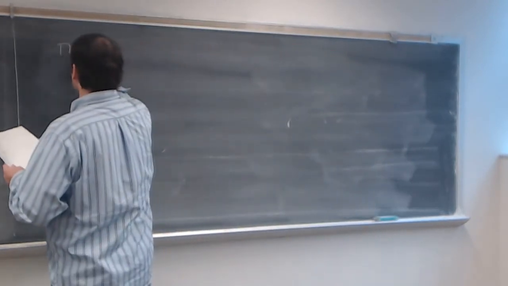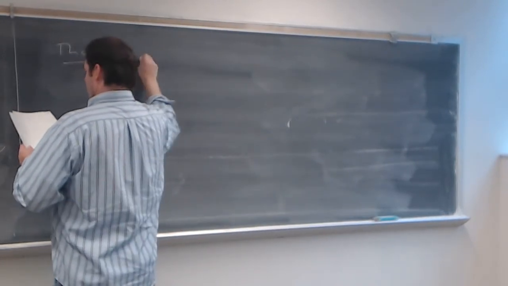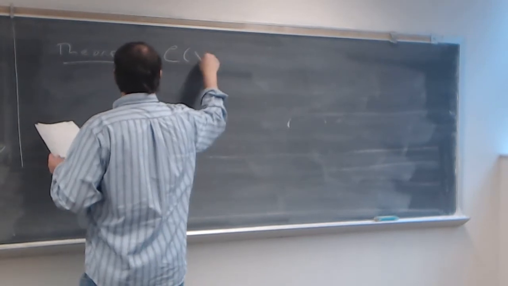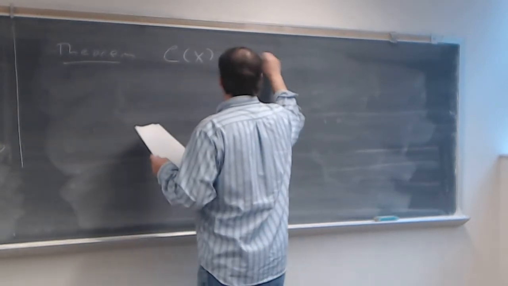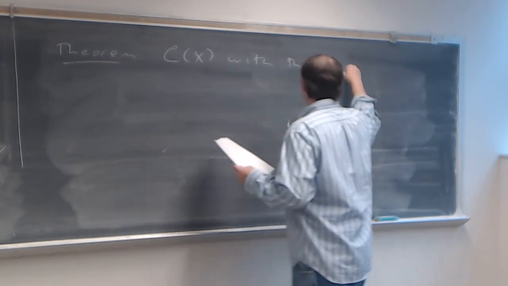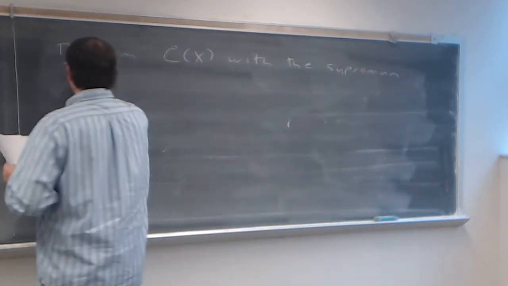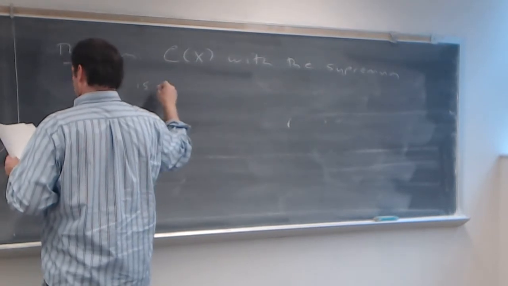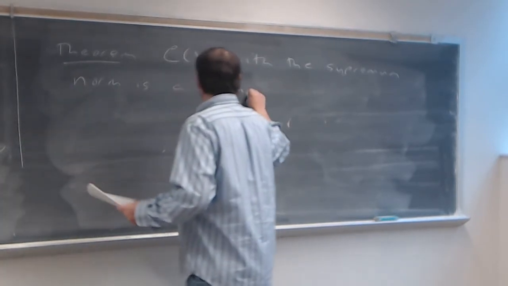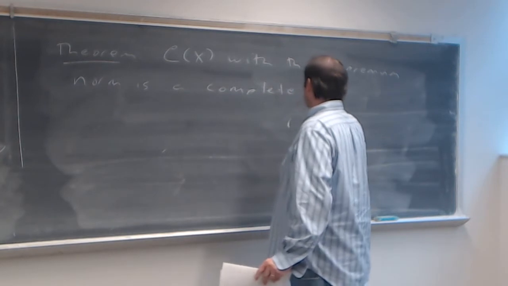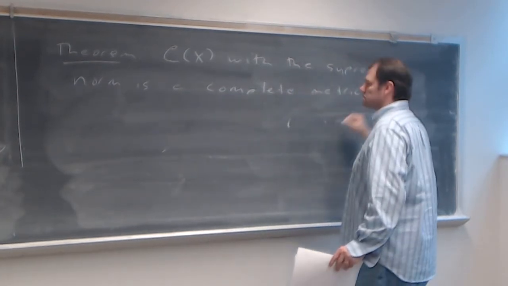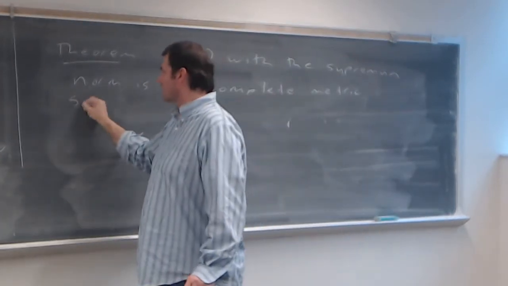So that's a theorem. C sub X with the supremum norm is a complete metric space. Okay.